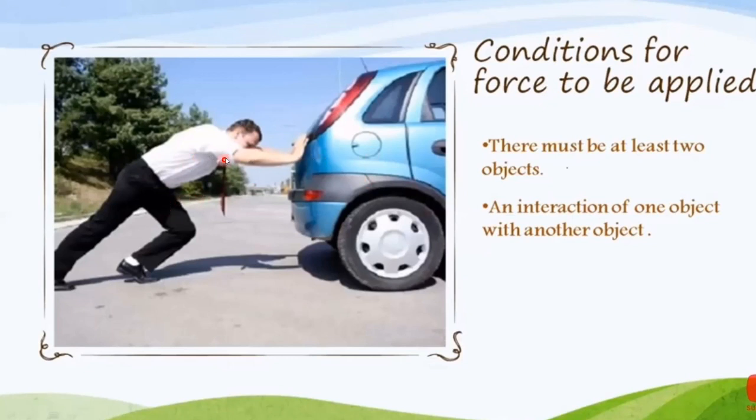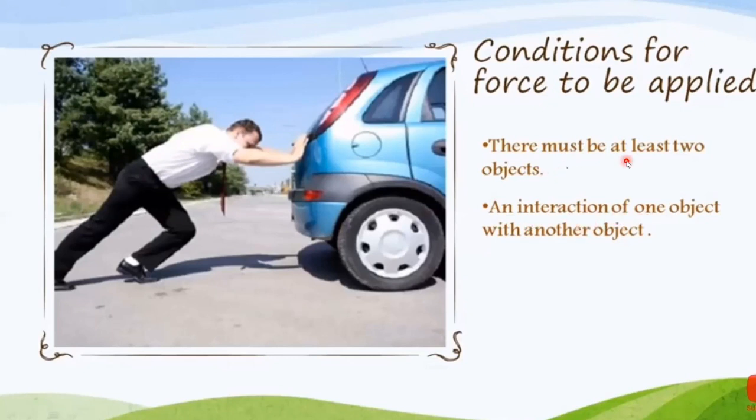Instead of pushing the car, if she just stands behind the car without touching it, will the force be applied on the car? No, isn't it? Once she touches it, only then there will be contact between this person and the car. That is the second condition. An interaction of one object with another object is a necessary condition. So there should be an interaction between the two objects.